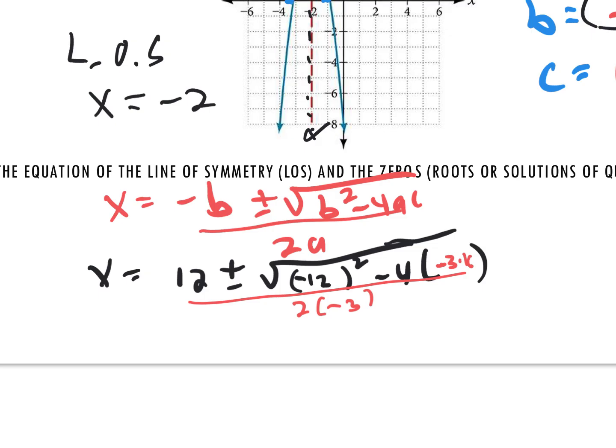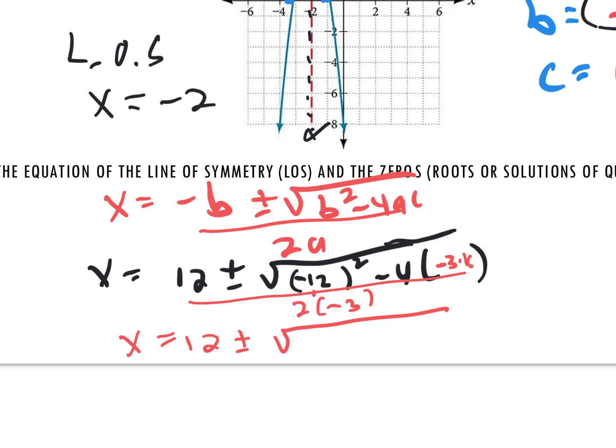That's an important step, to plug everything in and watch for your negatives. Make sure that you put your negative number in parentheses before you square it, especially if you're using a calculator. X equals 12 plus or minus the square root.